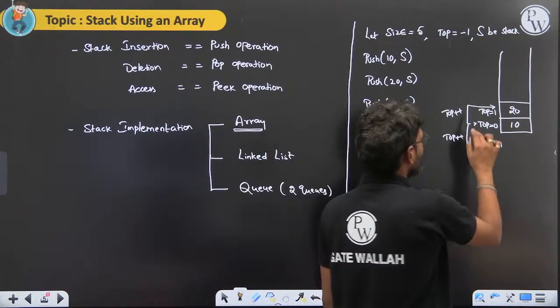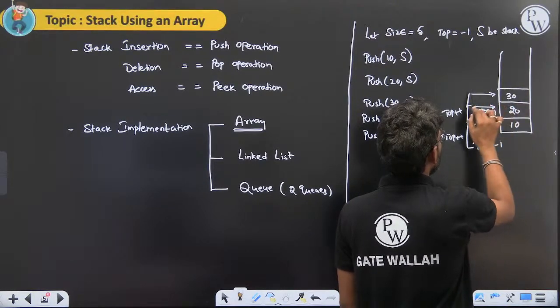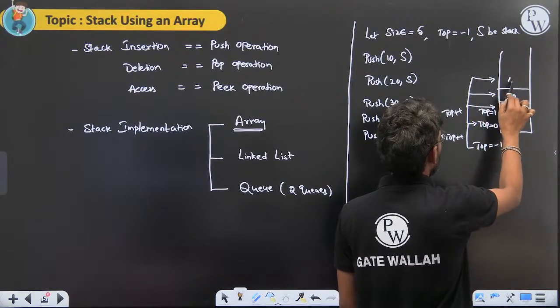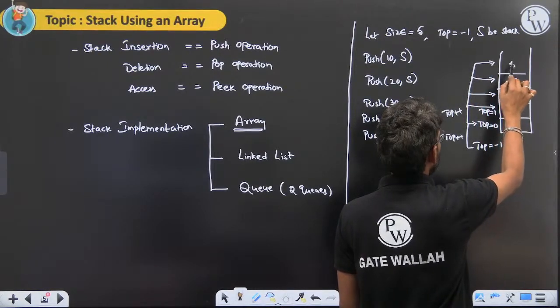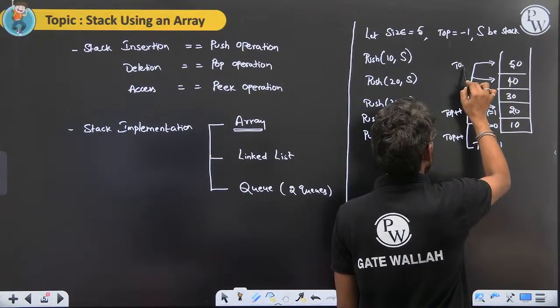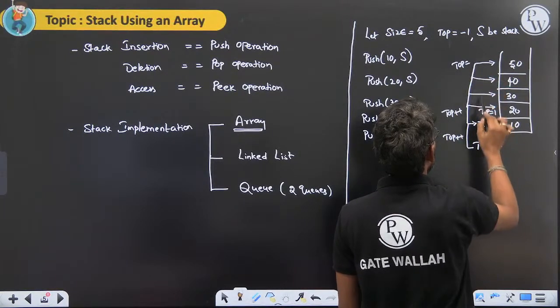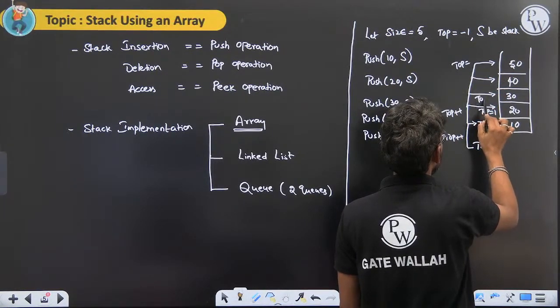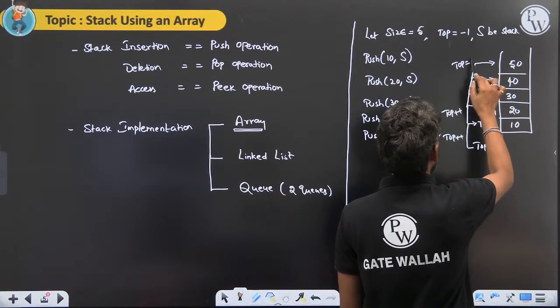So I increment top and insert 30, again I increment, insert 40, again I increment, insert 50. So top is 2 here, top is 3 here, top is 4 here.